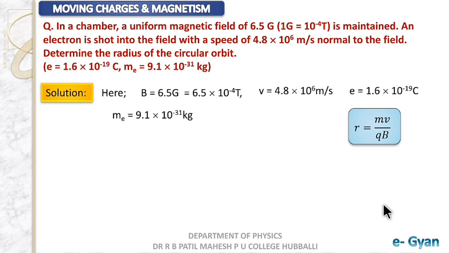And we have a formula for radius of circular path, that is R equals mv divided by qB.